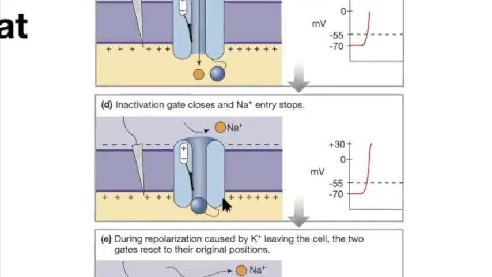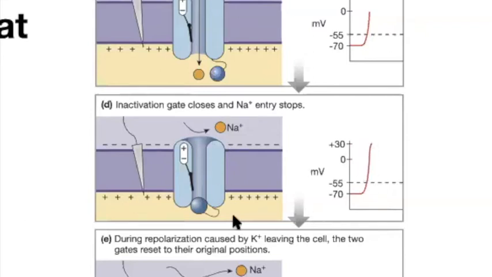At some point, you have this second gate down at the bottom right here, which is going to close. And sodium is going to be blocked again, even if this activation gate is still open right here. Sodium was flowing in, and at some point during this, based on either time or voltage, that inactivation gate closes, and all of a sudden sodium influx stops somewhere around +30.